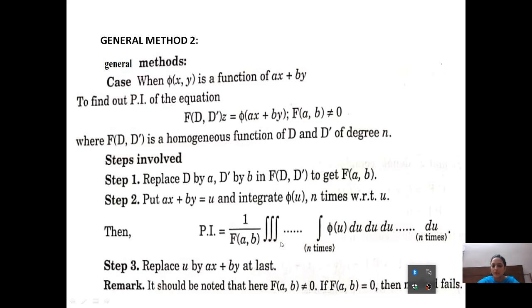If we are solving a partial differential equation of second order, we have to integrate 2 times. If we are solving one of order 3, we have to integrate 3 times, and so on. This is the method actually, and this method fails if we obtain F(a,b) as 0. This method cannot be used, or the case of failure will be implemented over here.